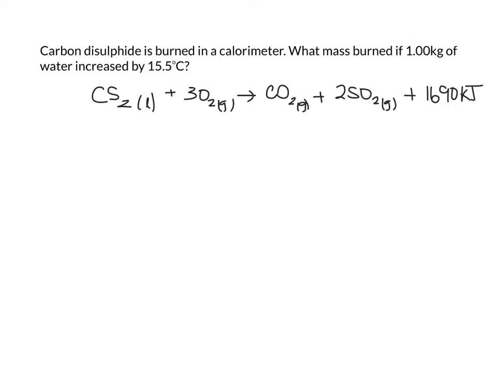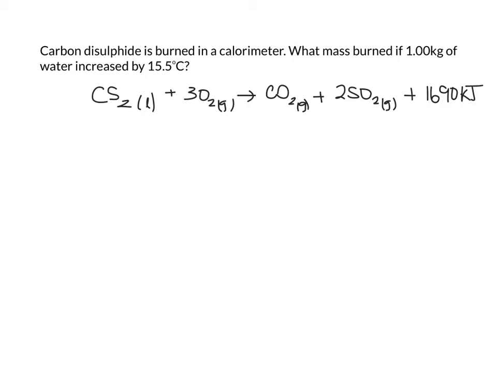Carbon disulfide is burned in a calorimeter. What mass is burned if 1 kilogram of water increased by 15.5 degrees Celsius? So carbon disulfide here, this must be happening in a bomb calorimeter. Carbon disulfide is your system.